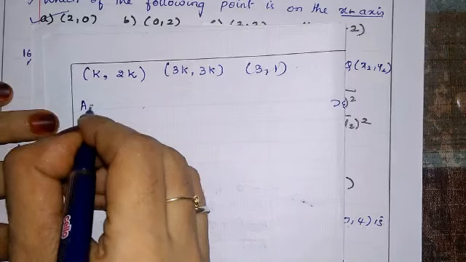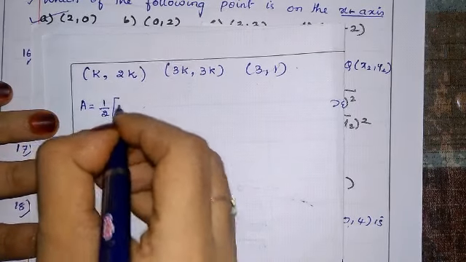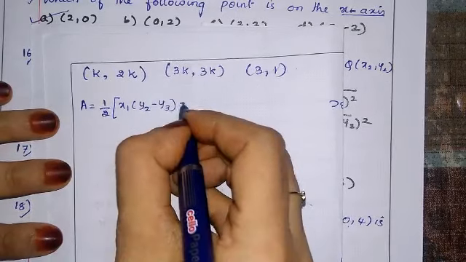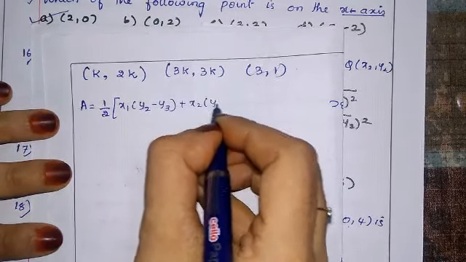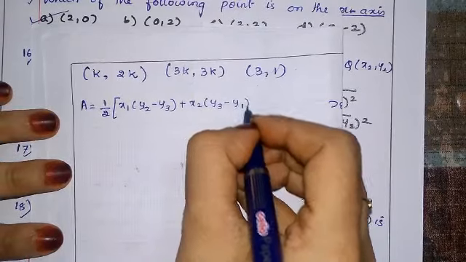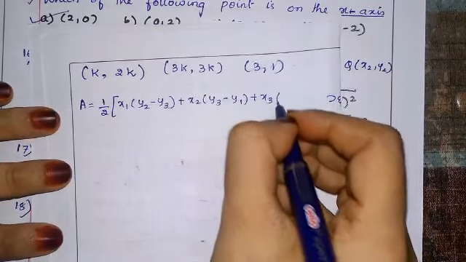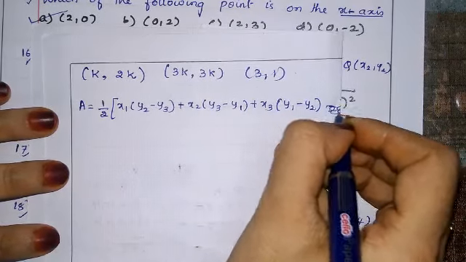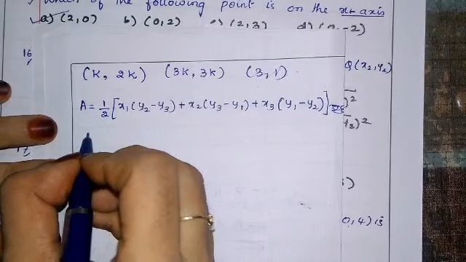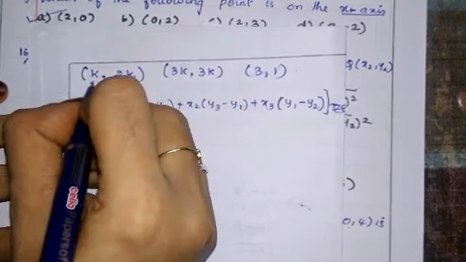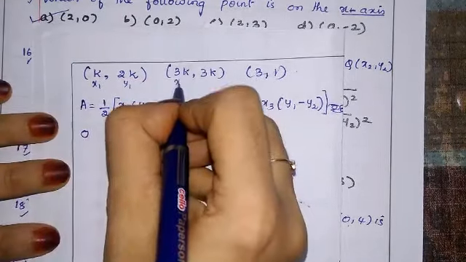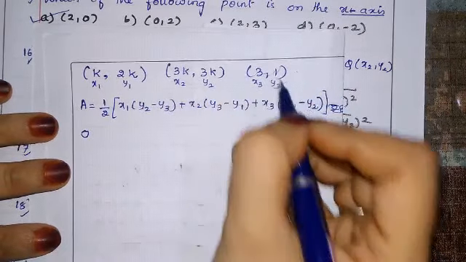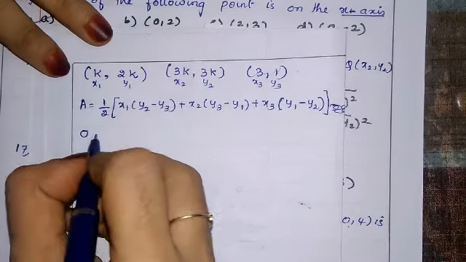And we know the area of triangle formula is half into x1(y2 minus y3) plus x2(y3 minus y1) plus x3(y1 minus y2). This is the formula. Area of triangle is 0 for collinear. First point is x1, y1, second x2, y2, third point x3, y3. Let me check what answer we are going to get.